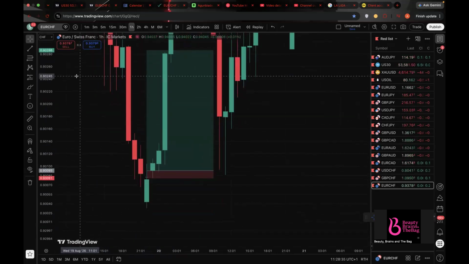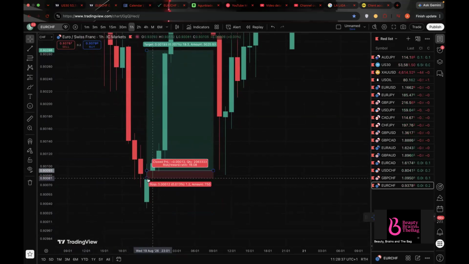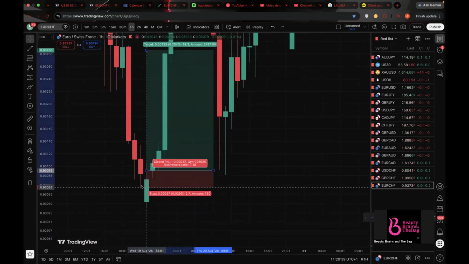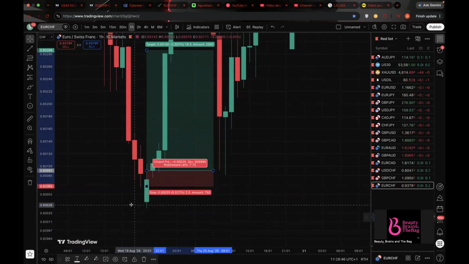So that means that 1 pip is too small. So what if I use 2.5 pips? If I use 2.5 pips and I add my spread of 1.5, you take everything to 4 pip as my stop loss.